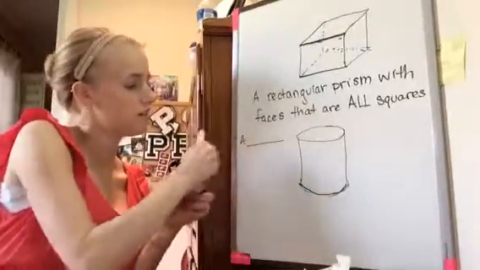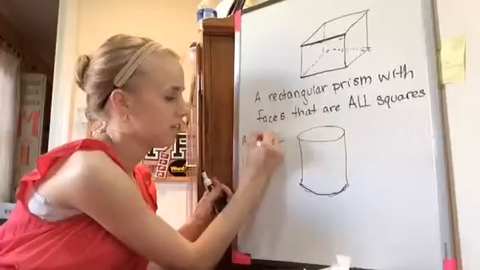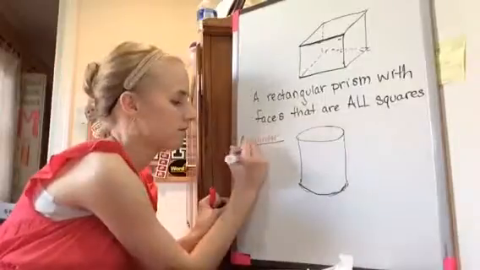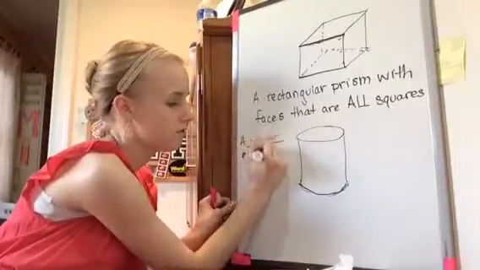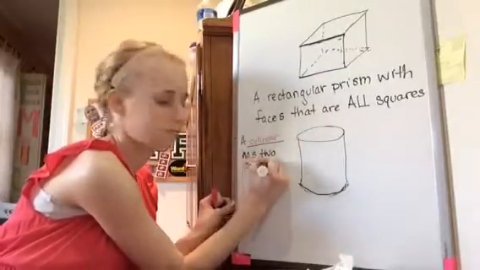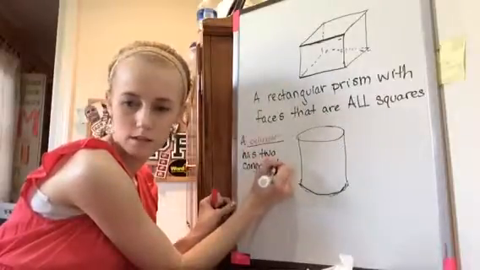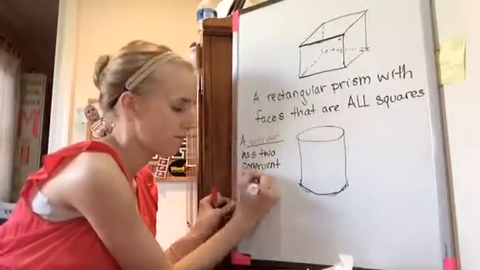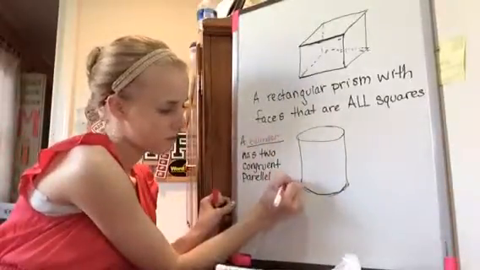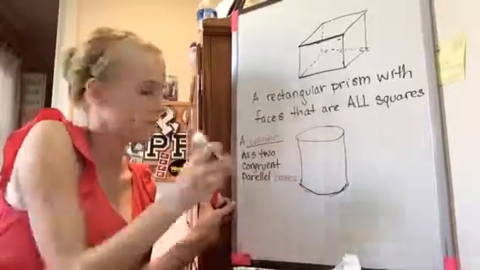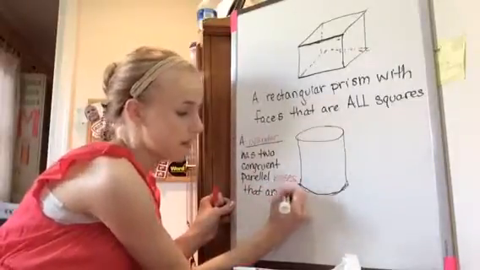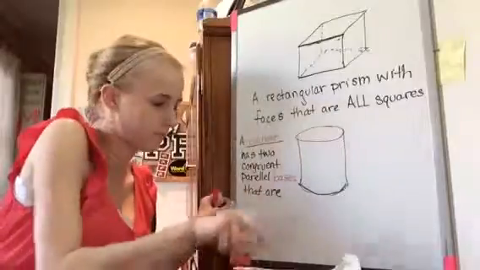A cylinder has two congruent parallel bases that are, instead of squares or rectangles, circles.